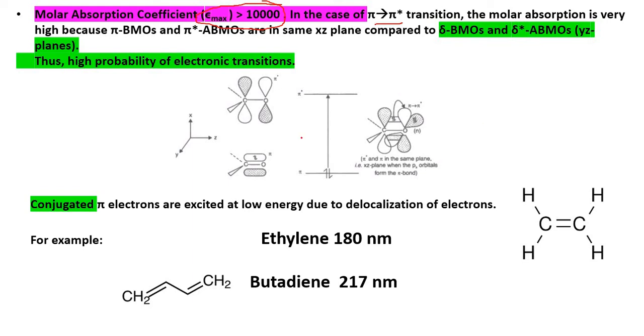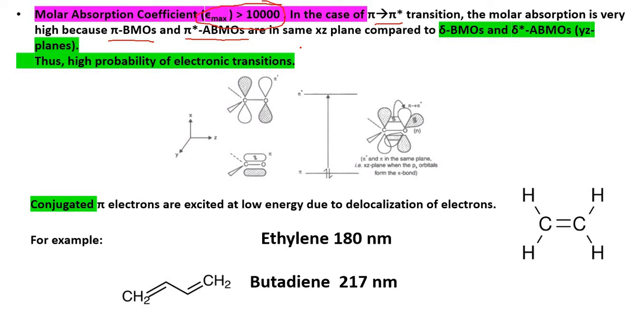And this pi to pi star transition is because the pi bonding molecular orbitals and pi star anti-bonding molecular orbitals both exist in the same xz plane, compared to the sigma orbitals.